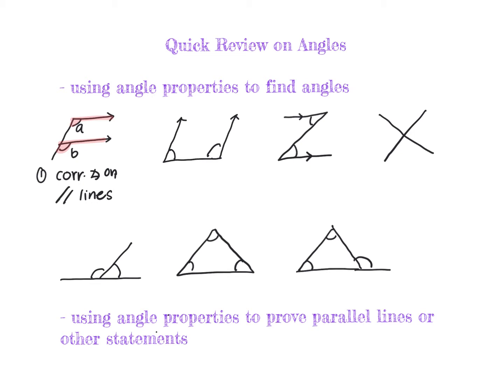Next, we have the interior angles on parallel lines. If you have two parallel lines that look like this, or maybe a letter C, then what is so special about the interior angles? The two angles over here will add up to 180 degrees. So A plus B equals 180 degrees.